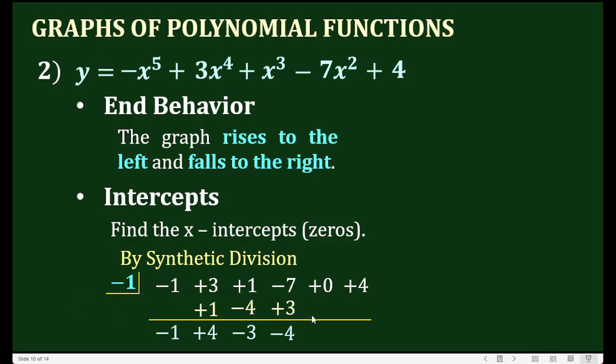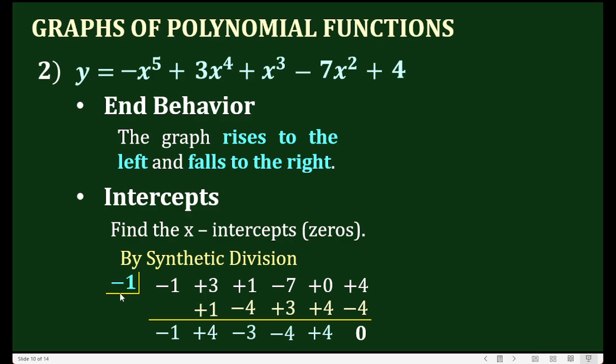Negative 4 times negative 1 is positive 4, added to 0. So that is positive 4 times negative 1 is negative 4, and then 0. And since the remainder is 0, it means we got the right root. Actually, this is already the first x-intercept.